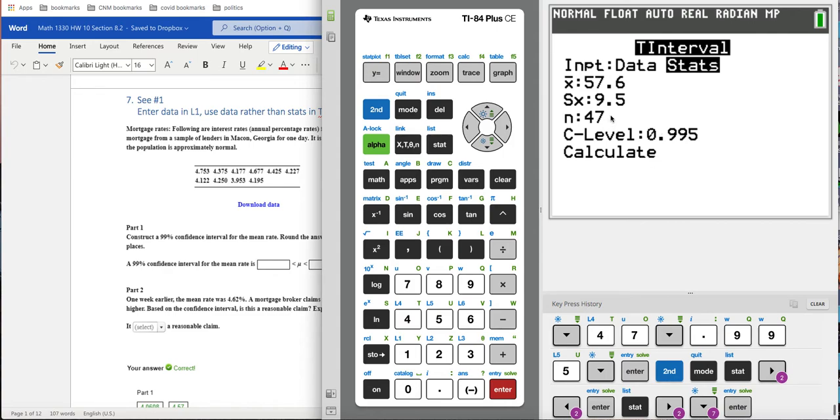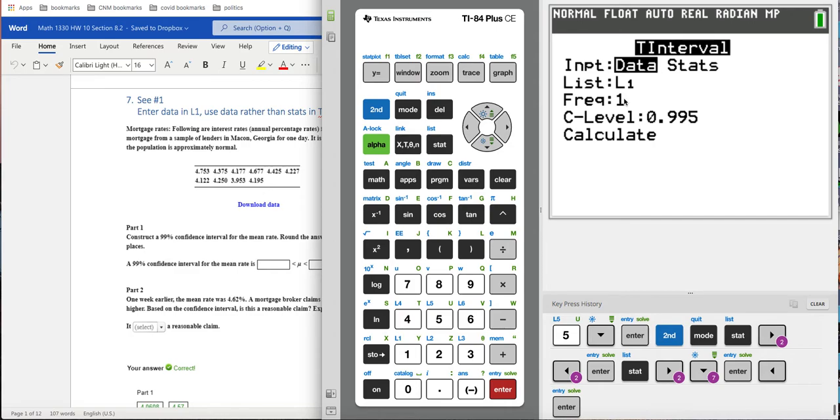And now when we go into data, it no longer has a place asking for the population standard deviation, the sigma, and that's because we don't have one, and it's going to calculate the sample standard deviation from the numbers that we were given.